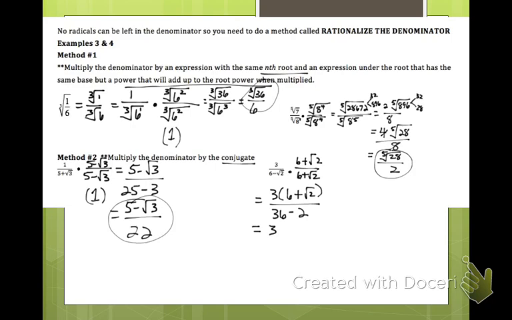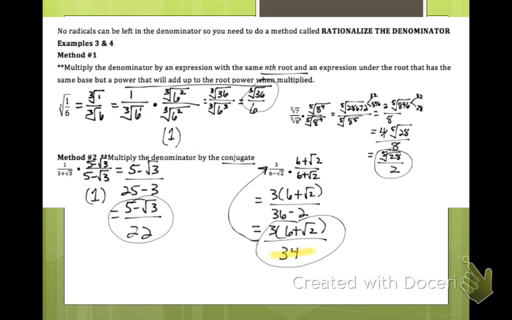I'm just going to leave it factored out. And then 36 minus 2 is 34. And so that's our final expression. So this is actually equivalent. It's saying the same thing as this, but it's just doing it without a radical in the denominator.